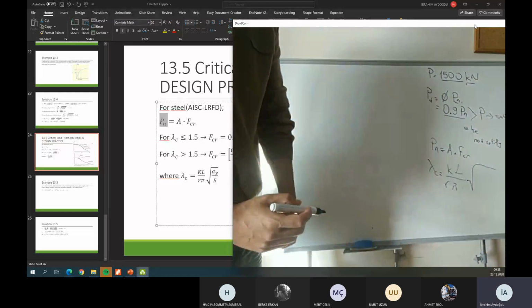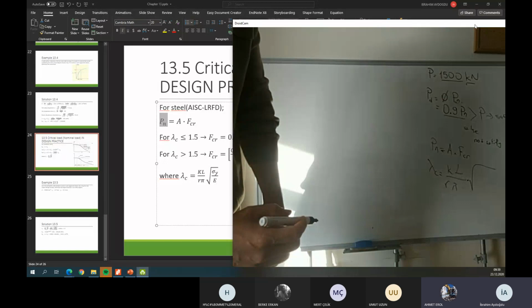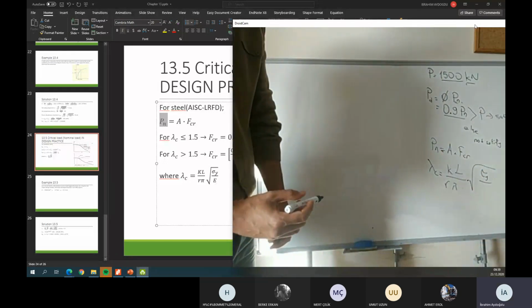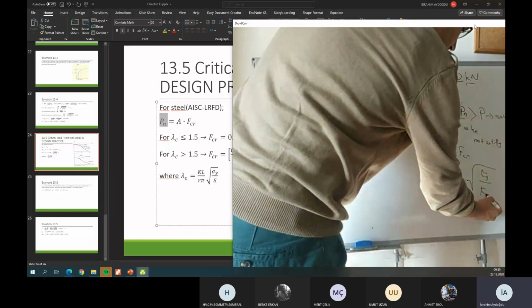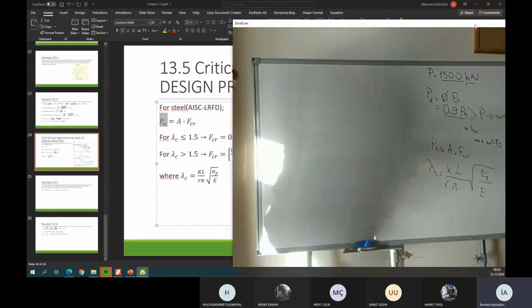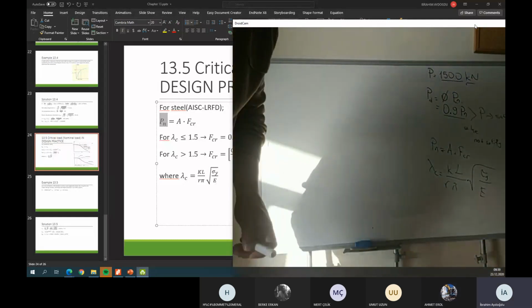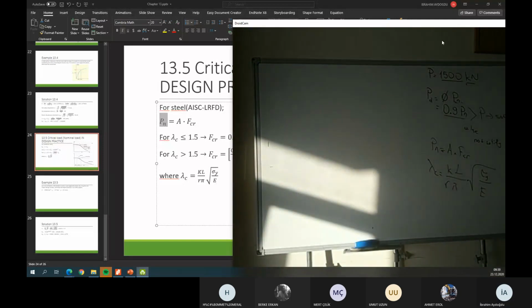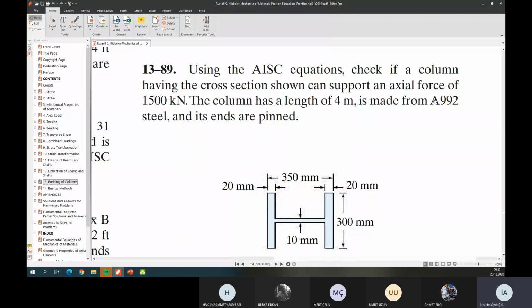So we know in the question it's written A992 steel. Also, we need to look at the properties.